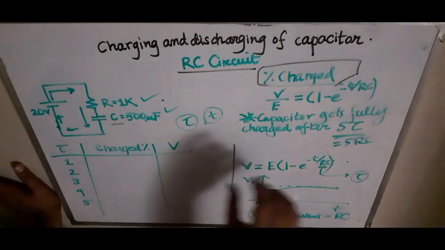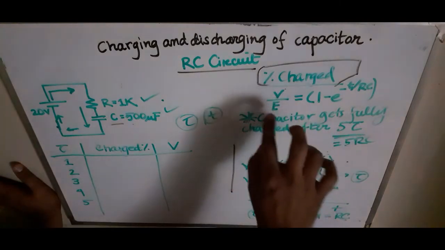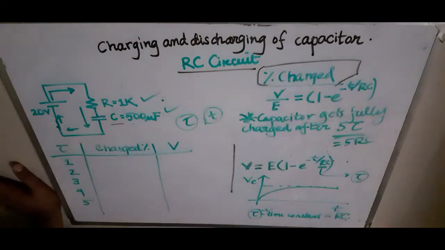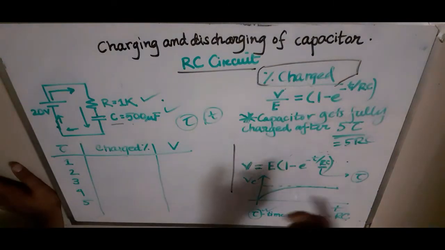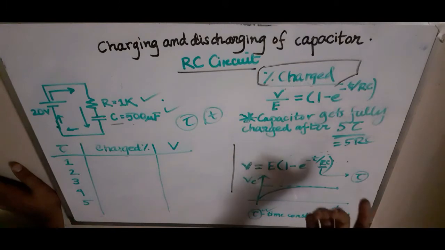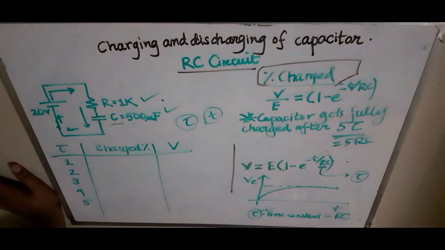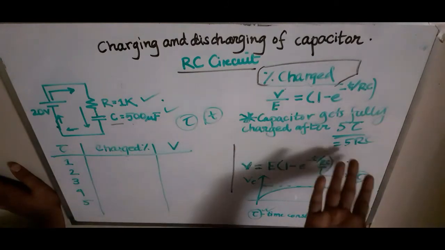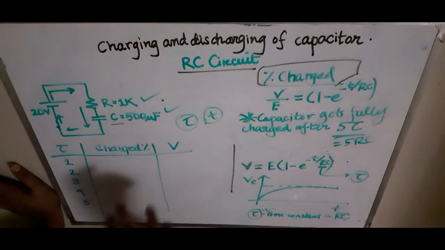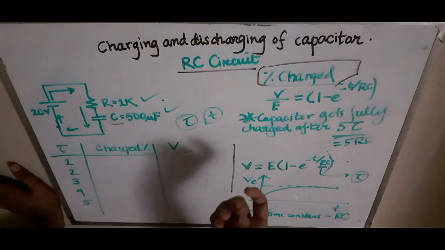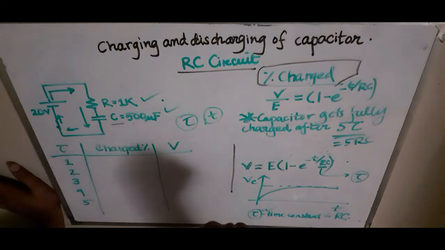And another thing you need to remember is percentage of charge. Sometimes you might be asked to find out that after one time constant, by what percentage the capacitor is charged.